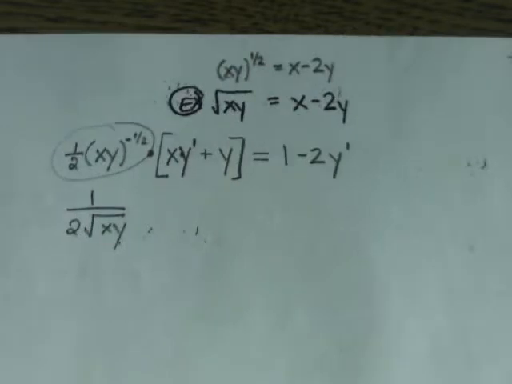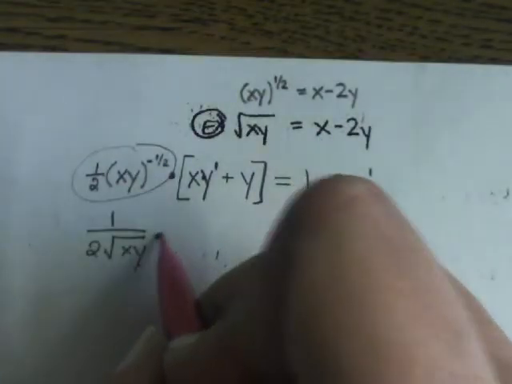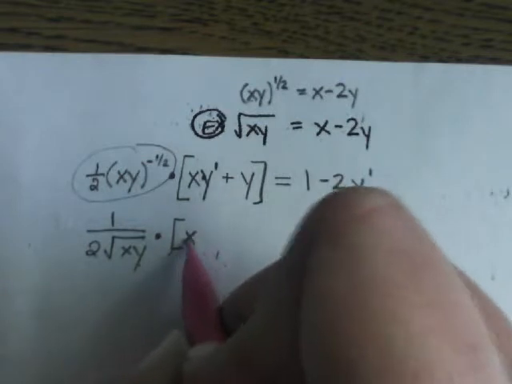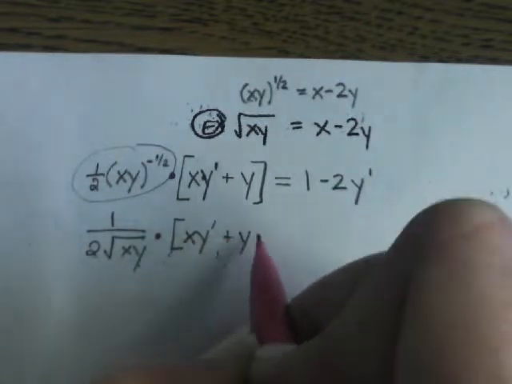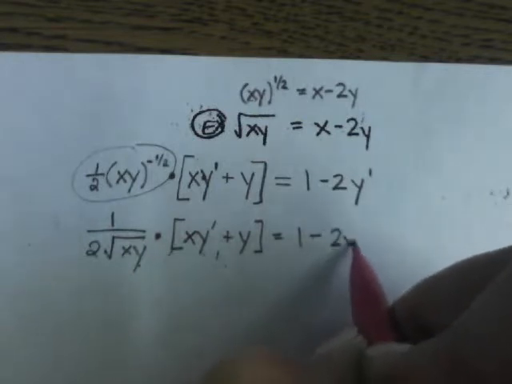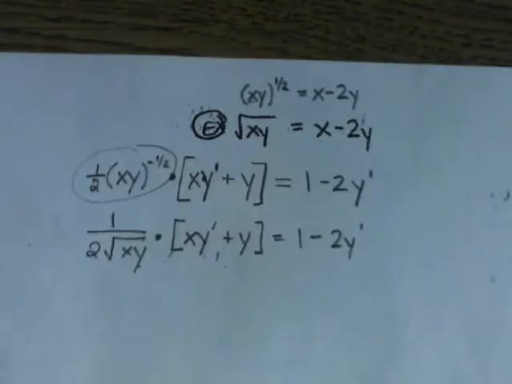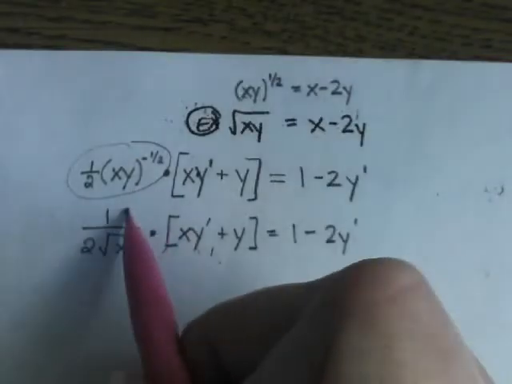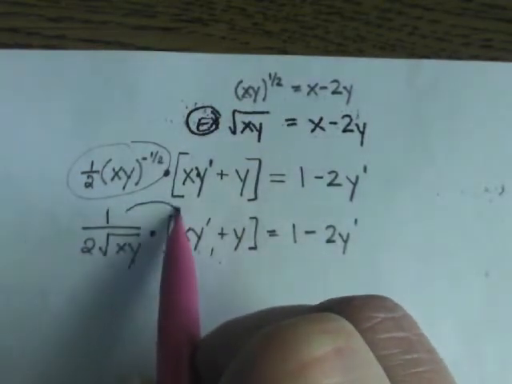I have to distribute, okay? I don't want to have to distribute something that's ugly, but I really can't avoid it. So that first distribution is going to lead to xy prime over the ugly radical plus y over the ugly radical. Maybe I like that. Maybe that looks prettier.